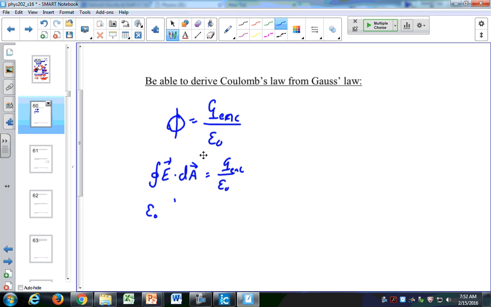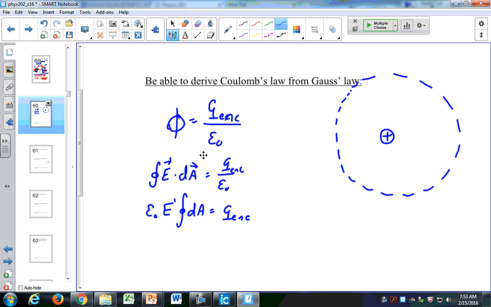And I'm going to take my electric field out. I'm assuming here that my electric field is perpendicular to my area. If I imagine that I have this charge over here, a positive charge, let's imagine a spherical Gaussian surface.